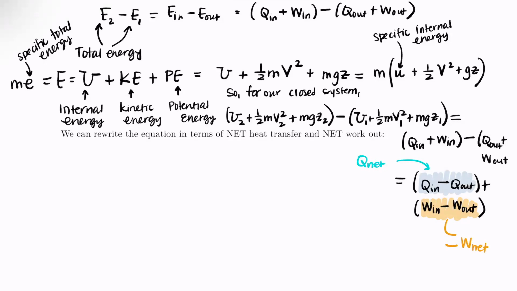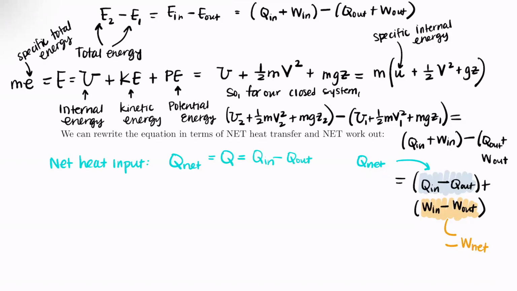Okay. So that means we can rewrite our equation in terms of net heat transfer and net work out. Our net heat input is Q net, which I already just wrote is Q in minus Q out.